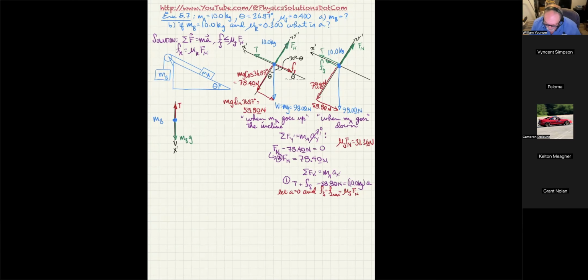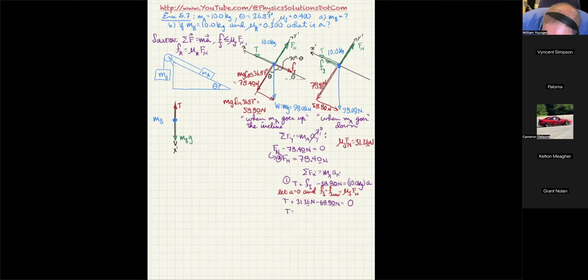I'm going to let the A equal 0, and I'm going to solve for T. So writing all this down, I now have T plus 31.36 newtons minus 58.80 newtons is equal to 0, because I let the acceleration equal 0. And now I'm going to solve for T.